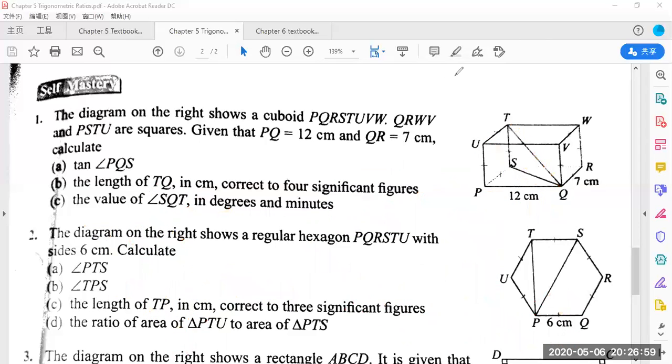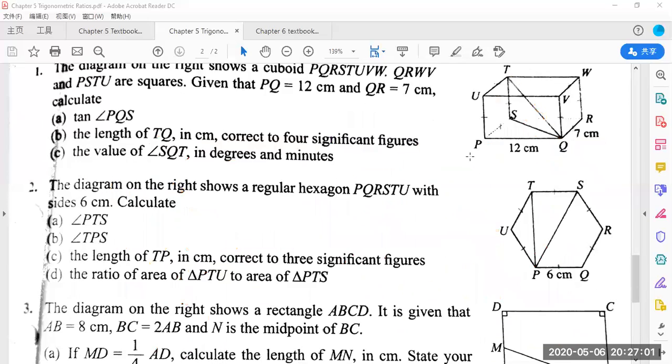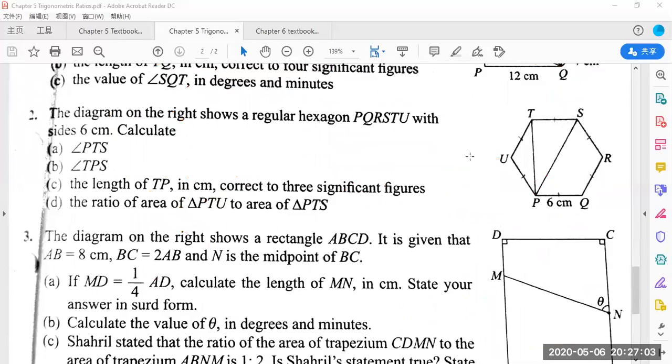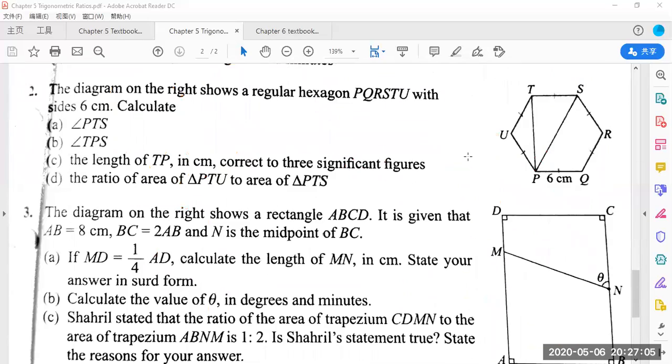So we continue to question 2. The diagram on the right shows a regular hexagon with side 6 cm. For question B, we need to find the angles.